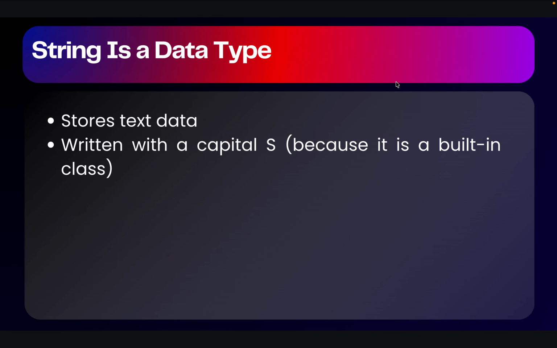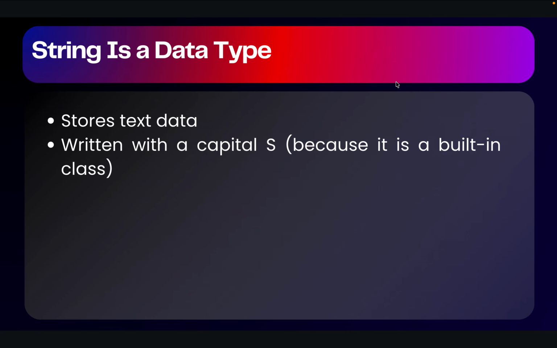So think of a string as a data type, and it is used just to store your text data. When you are working with this data type, similar to how we have int, boolean, double, instead of those, we would be using String.